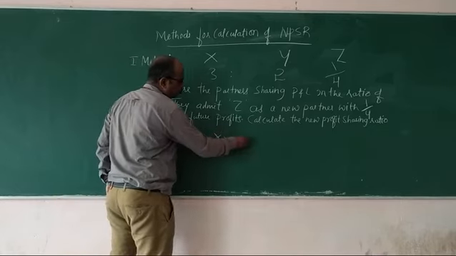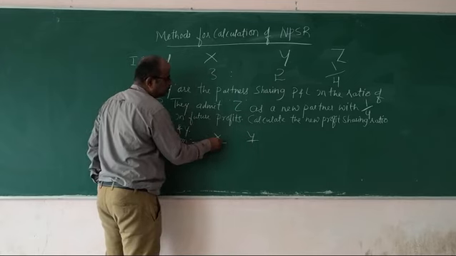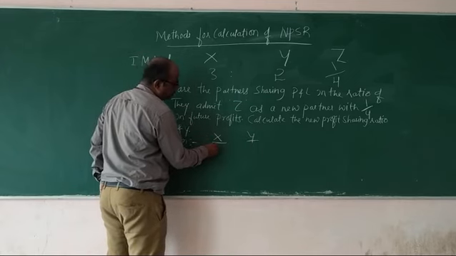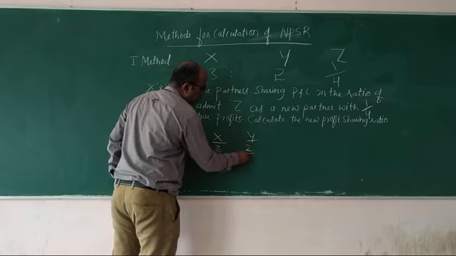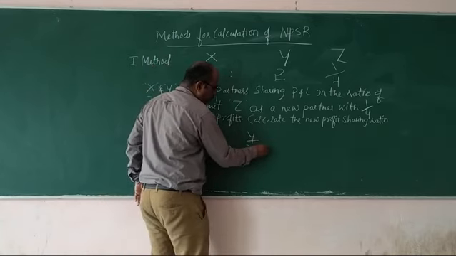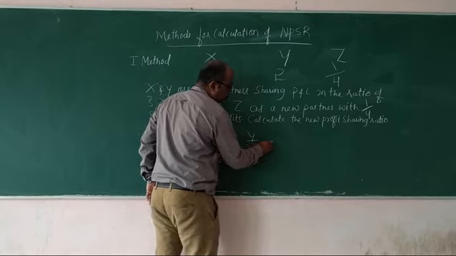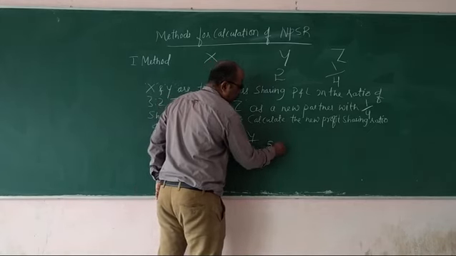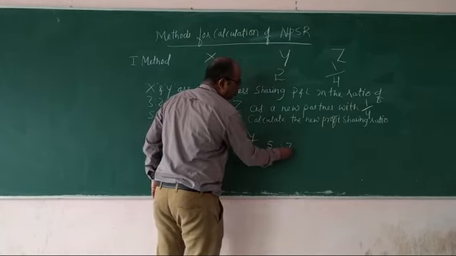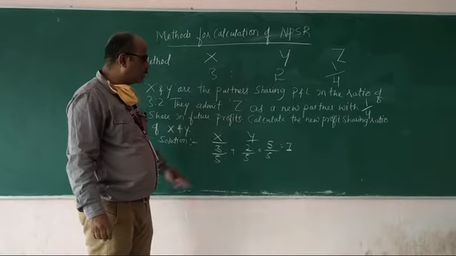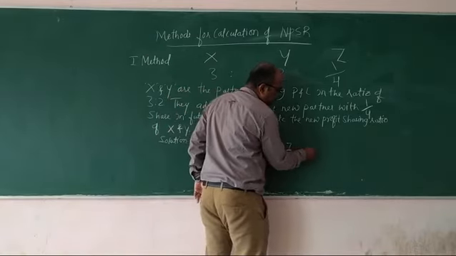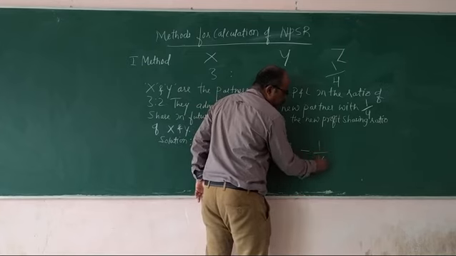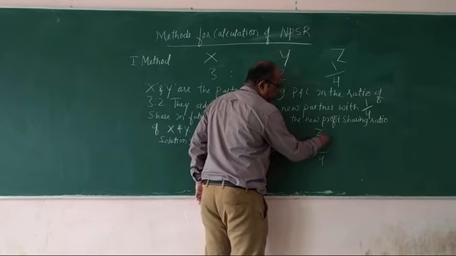X, Y are old partners, and their profit sharing ratio in the example is 3/5 and 2/5, which is equal to 3 plus 2 equal to 5/5 equal to 1. Always the profit sharing ratio is equal to what? 1. So out of this 1, now they are giving 1/4 to Z, the new partner.